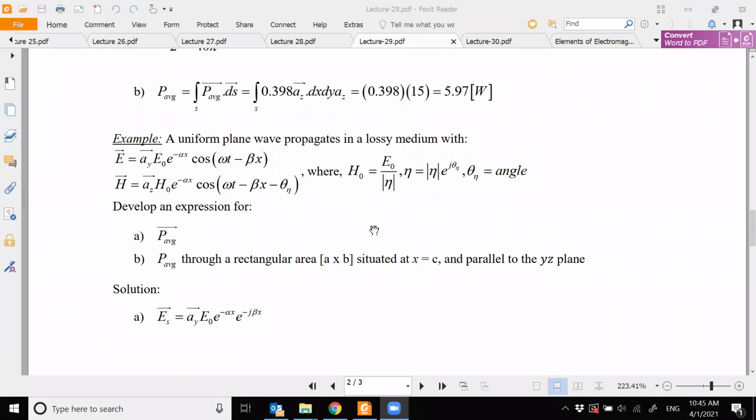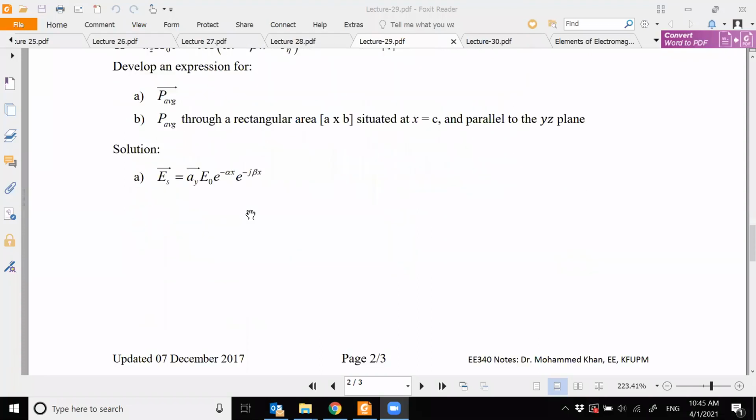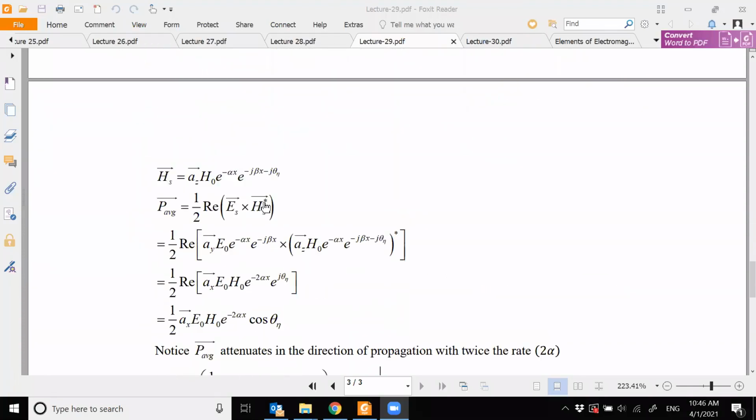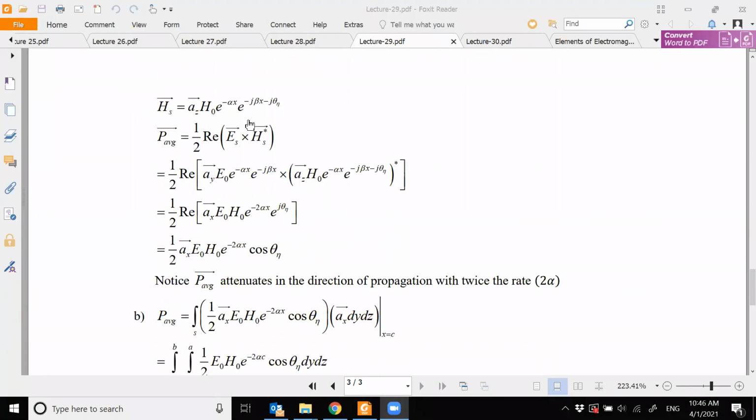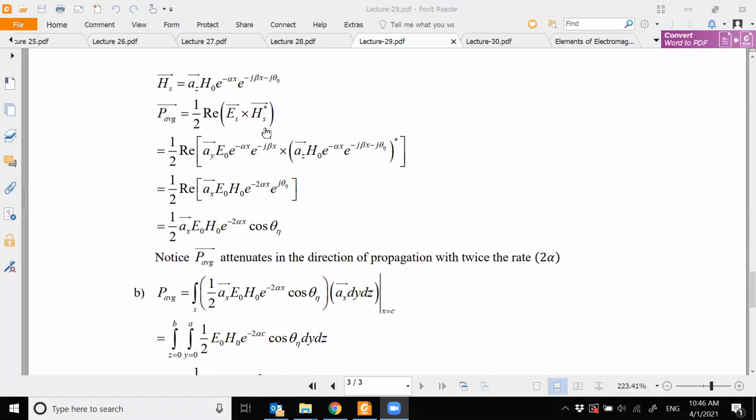How do you do that? In a similar manner, you take the electric field and the magnetic field, and first find the time averaged power, the average Poynting vector. After simplification, you will see that this is my average Poynting vector. You can look at the simplification.